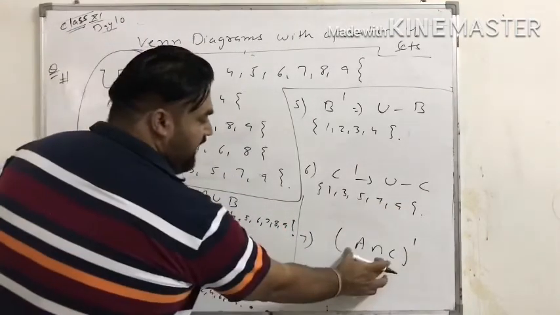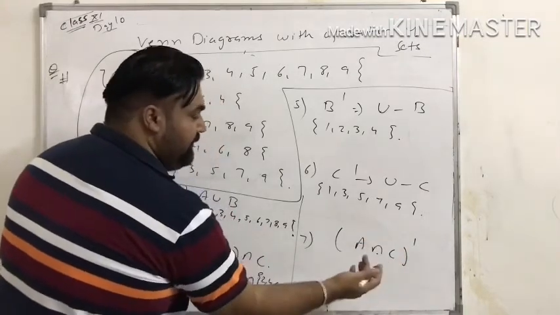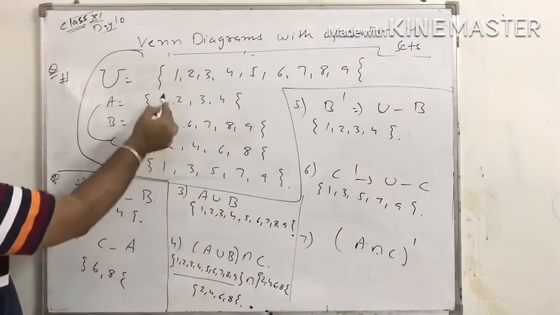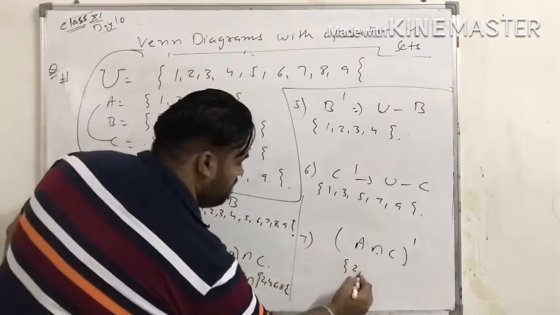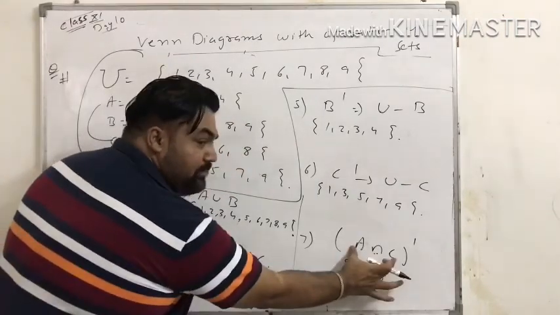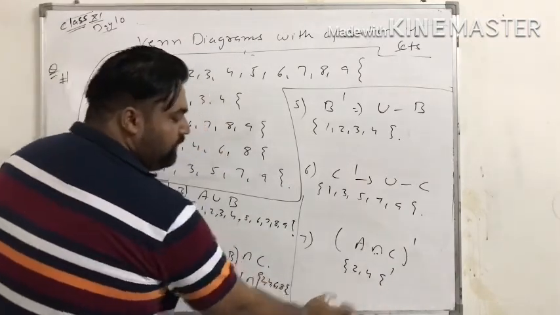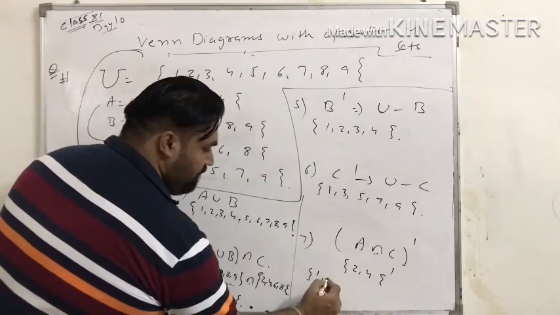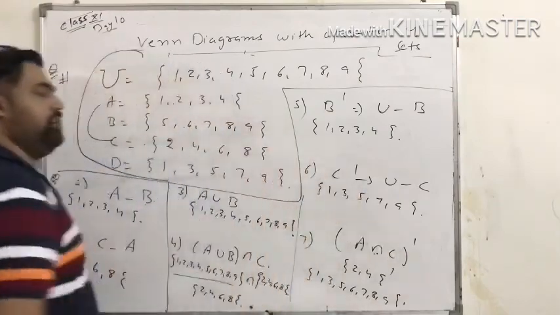The next, A intersection C, complement. Now what is intersection? Common elements. What are the common elements between A and C? 2, 4. A intersection C means the common elements between A and C, then complement. Now the complement of 2 and 4. So 1, 3, 5, 6, 7, 8, 9.